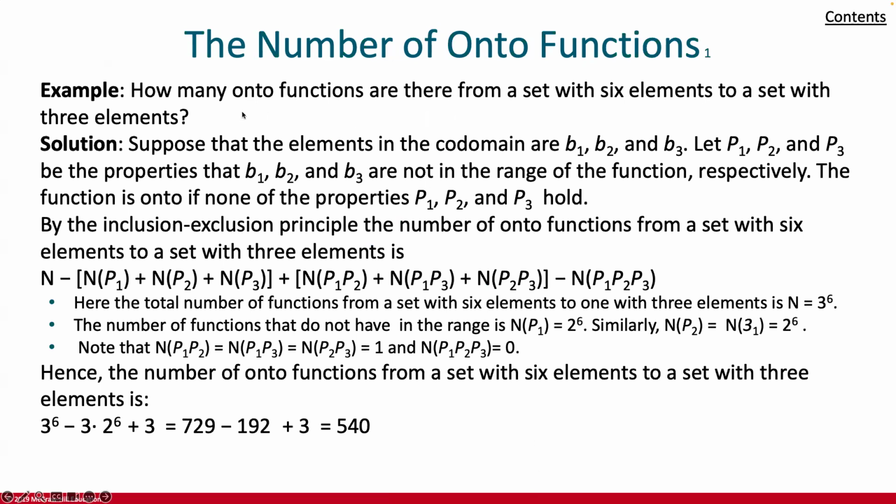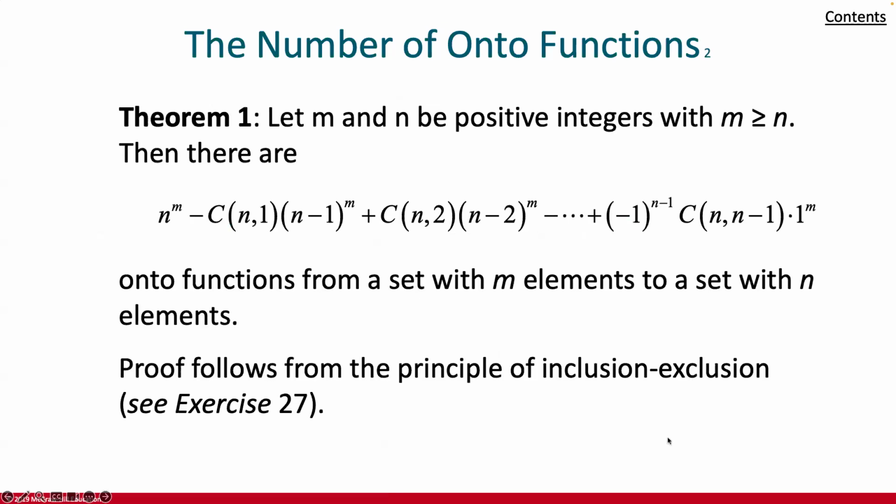So here's an example. How many onto functions are there from a set with 6 elements to a set with 3 elements? I'm not going to walk through this solution, but the ultimate value for this is 540. And you can feel free to pause the video and walk through that in more detail. Here's a theorem.